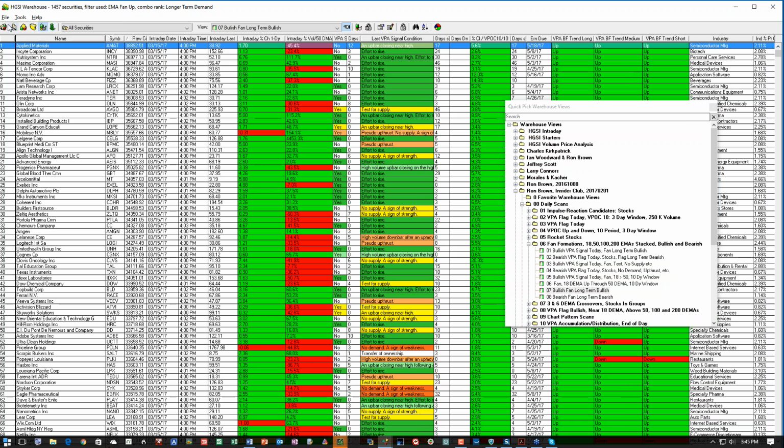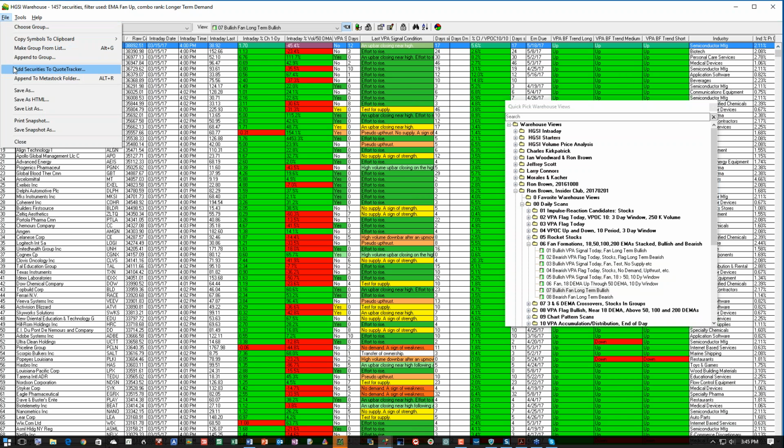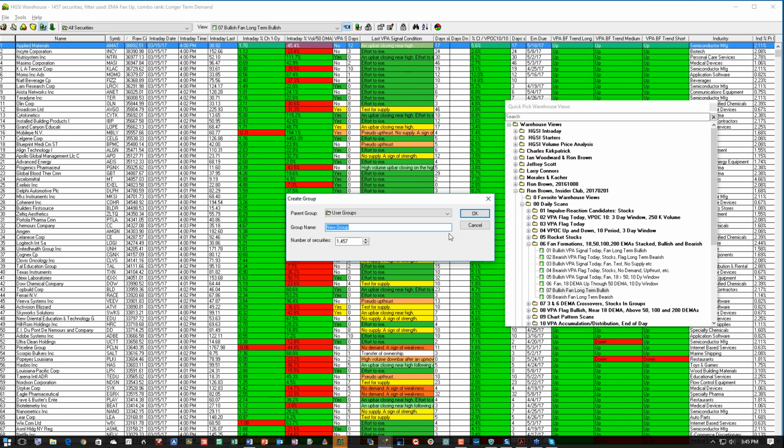So I'm going to make a group out of this. I'll just go under my file menu, and I'll make a group from the list, and what's the date today? The 15th, okay, 2017, 0315, fan formations.